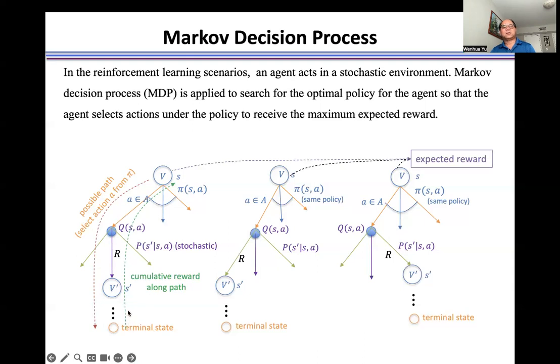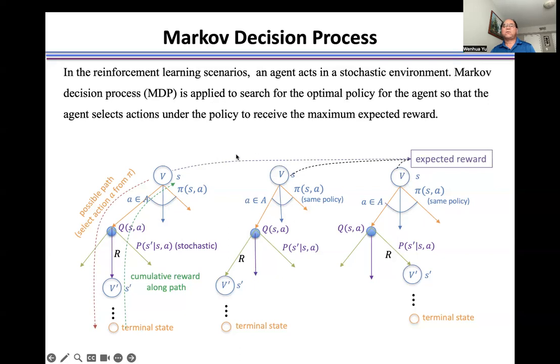In the backward direction, we calculate the cumulative reward, and then we use the same policy on all the possible paths. Finally, we get the expected reward.